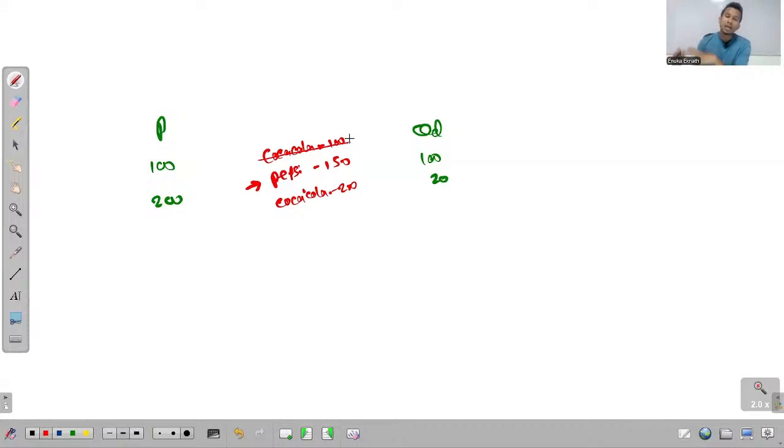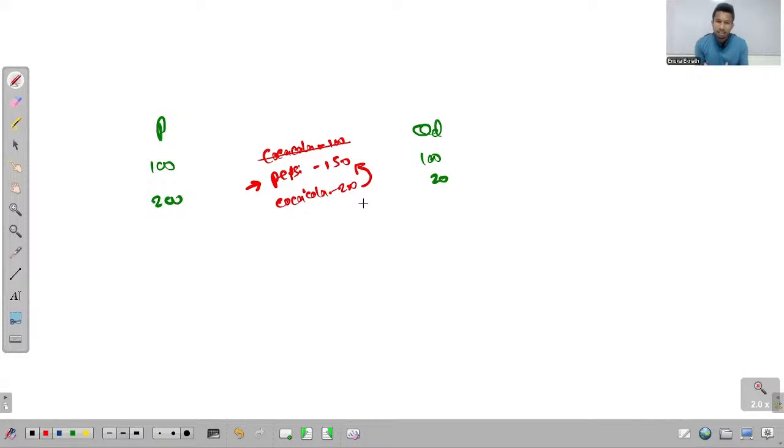Coca-Cola price is 200, so Pepsi is relatively cheaper. If there's not much difference between the taste, then it's obvious that the majority of the consumers move from Coca-Cola to Pepsi. So this movement, this reaction of the consumers, we recognize as the substitution effect.